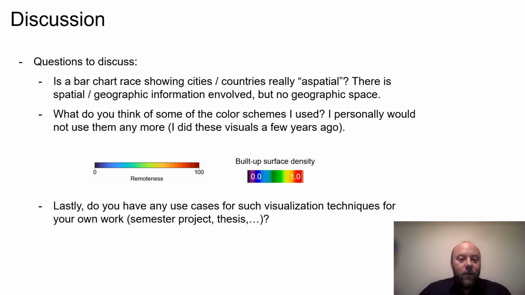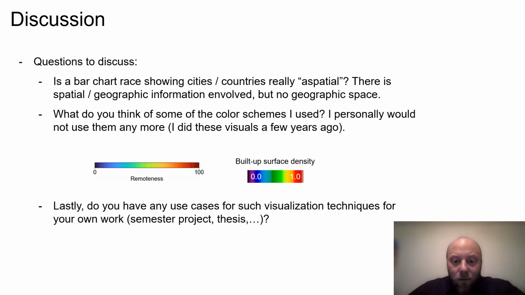And then I'd really like you guys to critically look at the color schemes that I used. Some of them, I would not use anymore if I did these figures now. There is a trend that these rainbow colors should not be used because you don't have an intuition what is high and what is low, right?